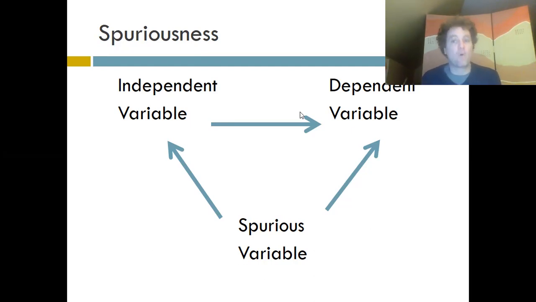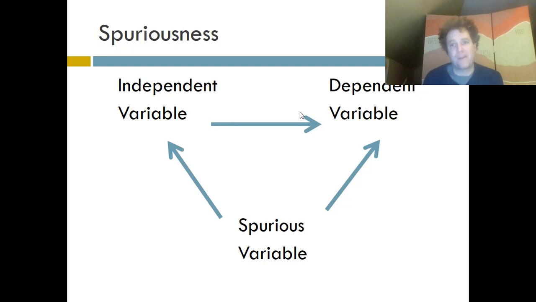The more religious somebody is going to affect their views of homosexuality. What's the problem? Let's say that we see a correlation. We see religiosity go up, and then we see negative views of homosexuality go up. And we say, okay, there's our relationship. This is causing this.